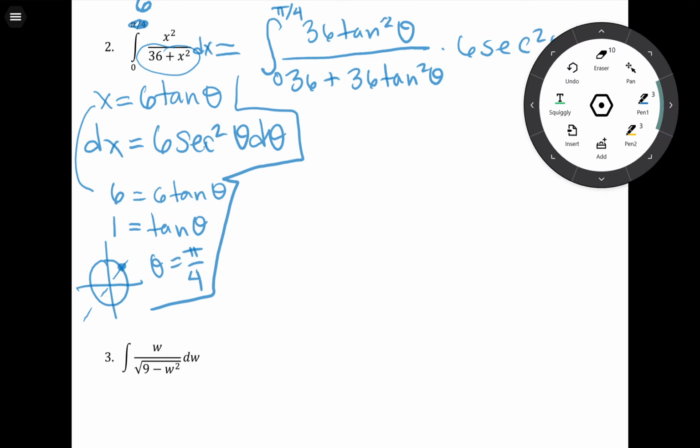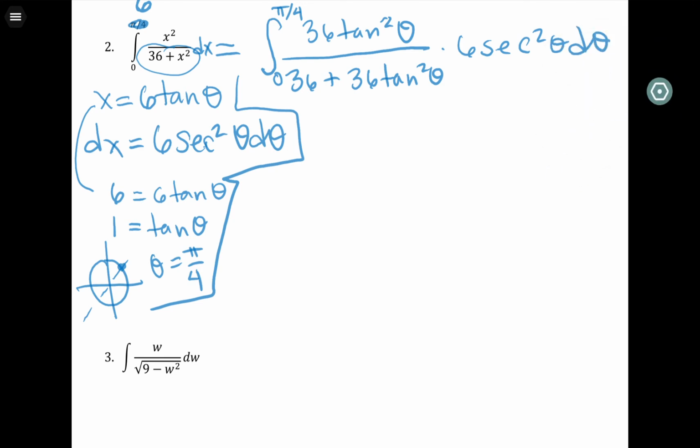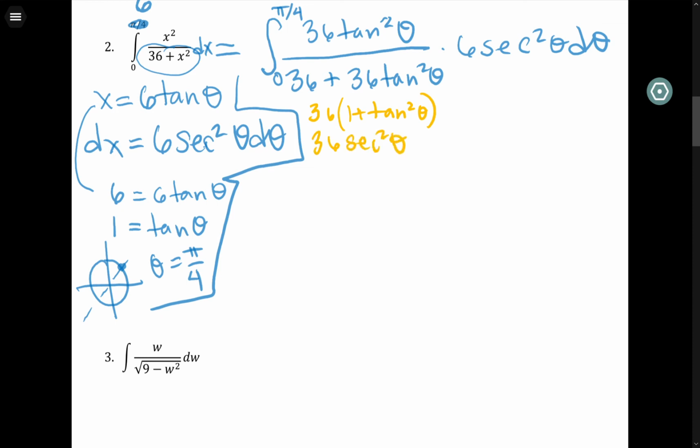Okay, so tiny bit of scratch work on this one. Again, if you get to the point where you don't have to write this out, excellent. What would happen here is we'd factor out the 36. We'd get a 1 plus tangent squared. If you don't know your Pythagorean identities, memorize those two that I have at the beginning of the packet. You'll need them. 1 plus tangent squared theta is secant squared theta.